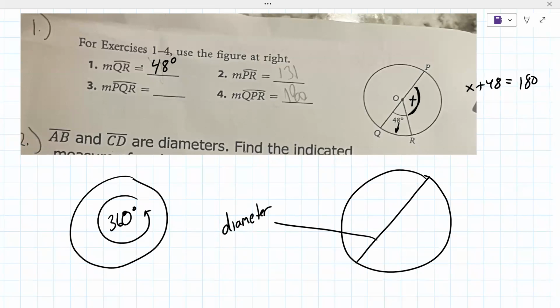So you can solve that to find X, which is the measure of the angle. It's also the measure of the intercepted arc.